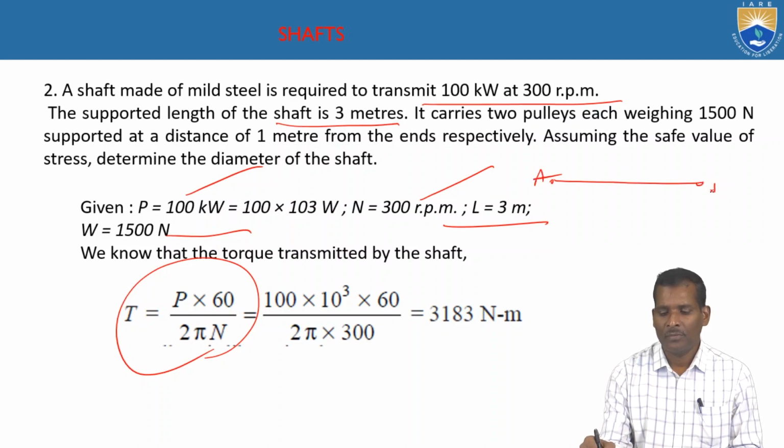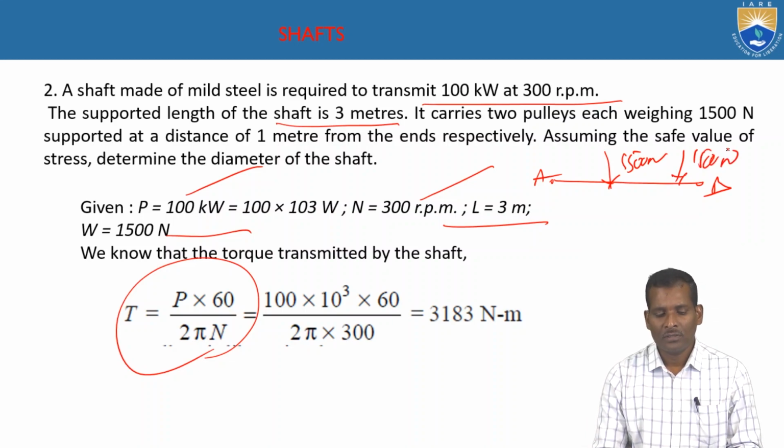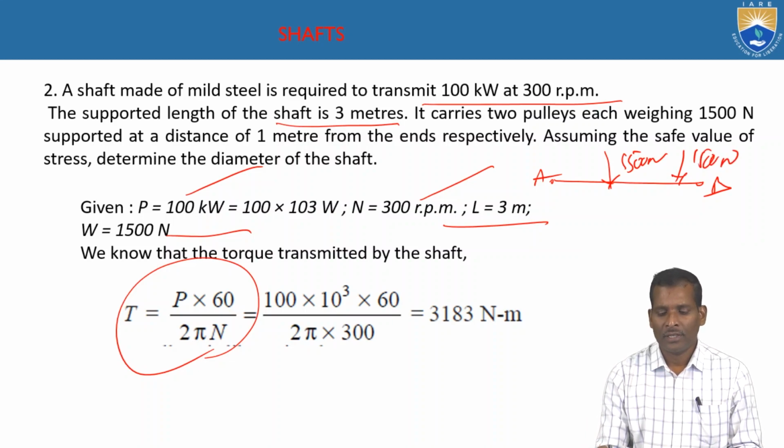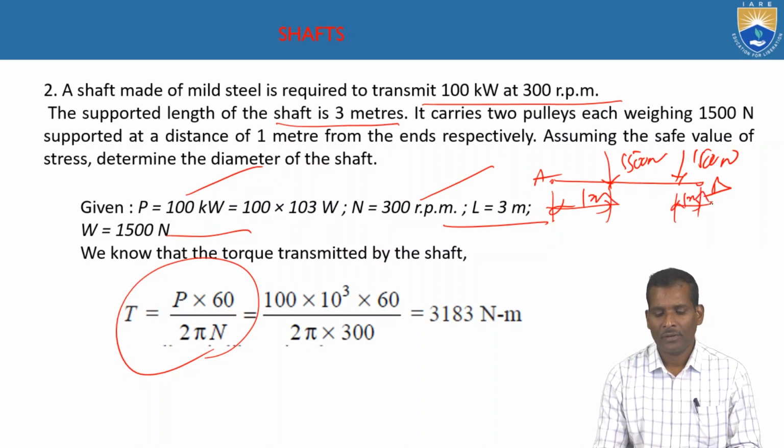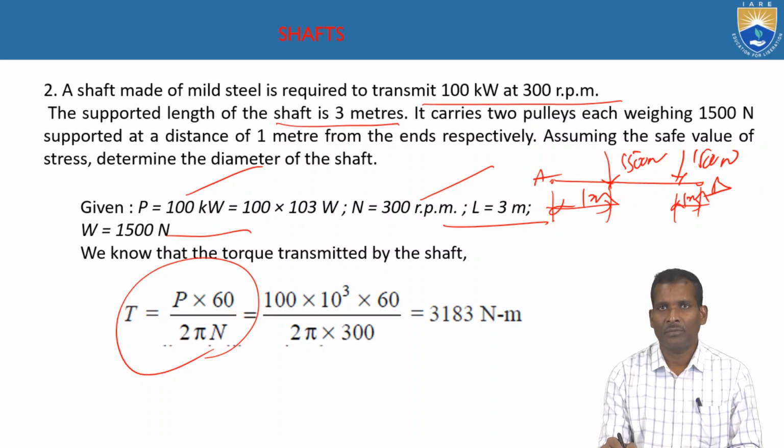A and B, and here each pulley weighing 1500 newtons is supported at a distance of 1 meter from the ends, 1 meter from this end and 1 meter from this end. Assuming the safe value of the stress, the total length is 3 meters.